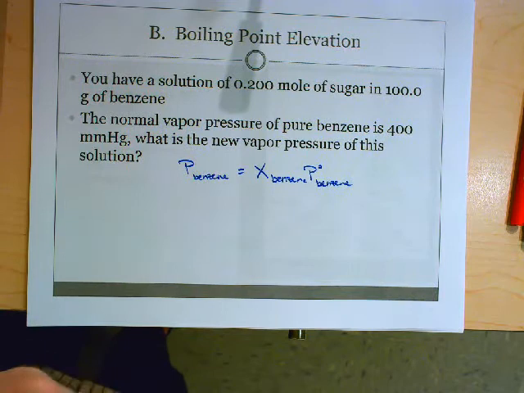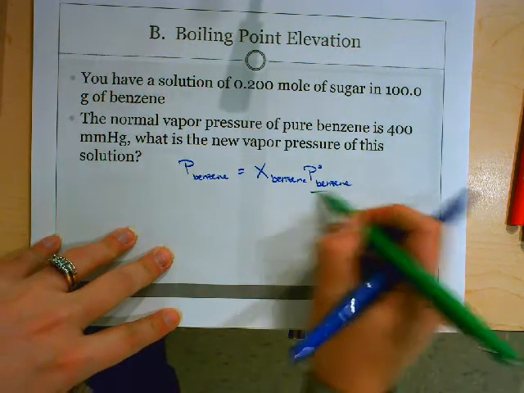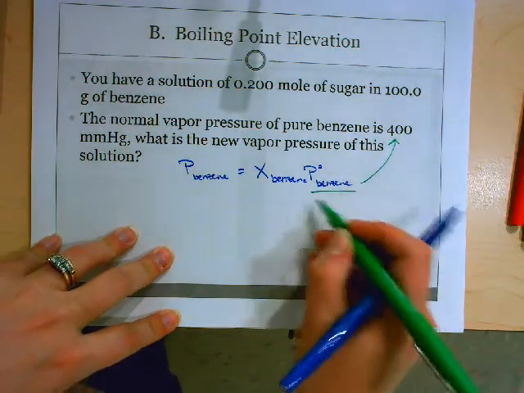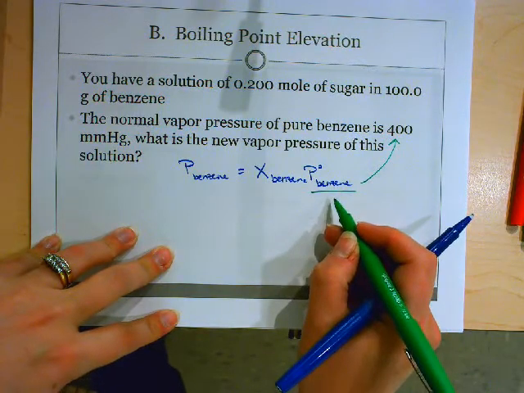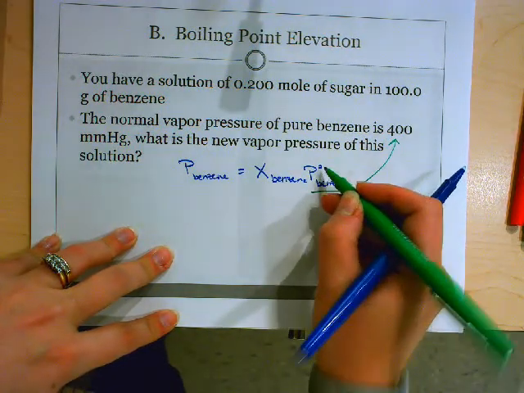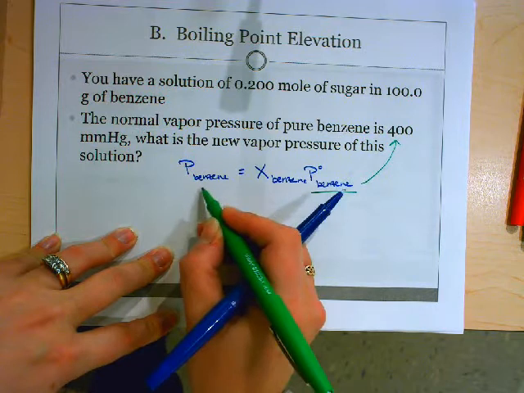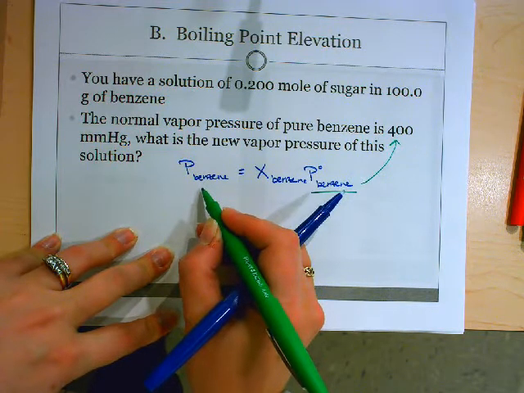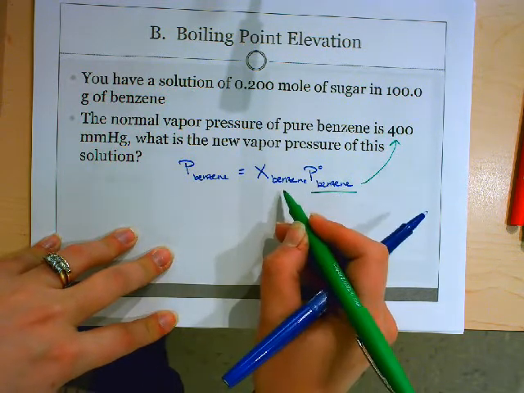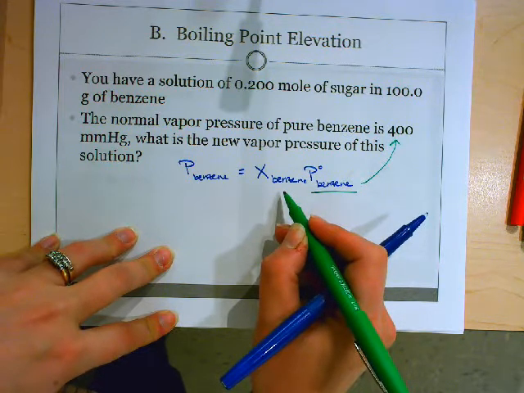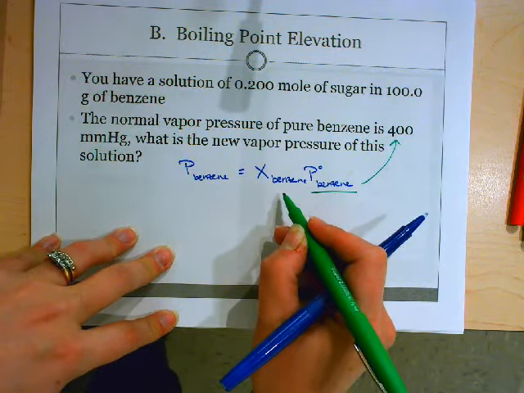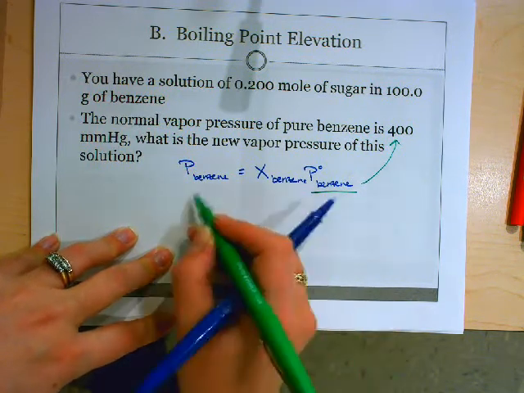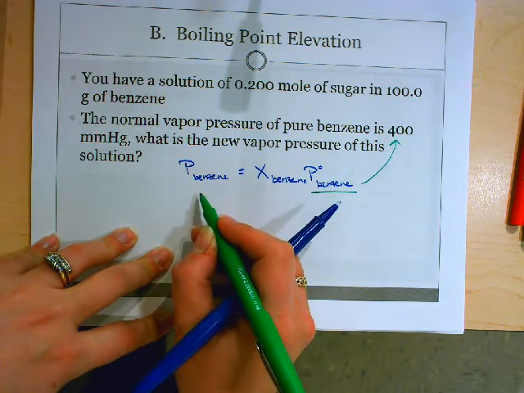They gave us this, the original vapor pressure of pure benzene. The big circle up here means pure. I want to find the new vapor pressure of benzene, which means I have to figure out the mole fraction. It was 1, right? It was all benzene. The mole fraction is going to change, so I have to figure out what my new mole fraction is going to be and then calculate my new vapor pressure.